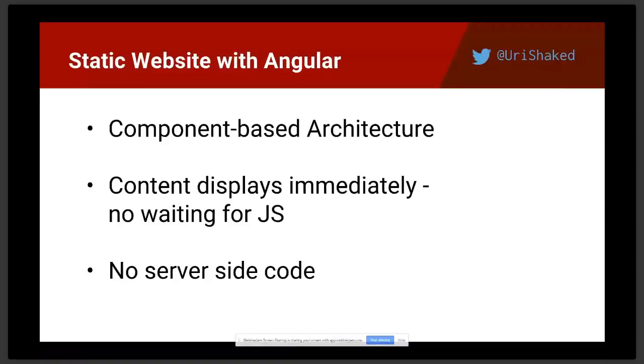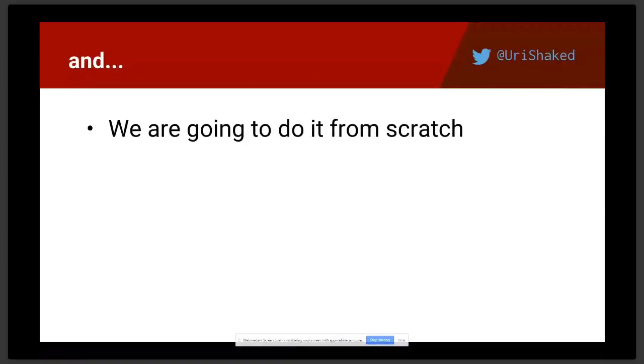So first of all, we are going to do it all from scratch. So we are actually going to see live how an Angular app is wired from the ground up. We are going to start even with an empty directory, because we are going to create a new directory and run all the different commands and create all the different parts and wire them together to get a functional app.